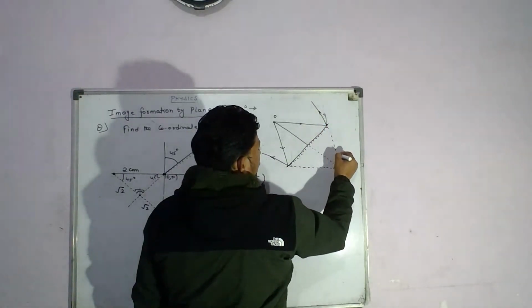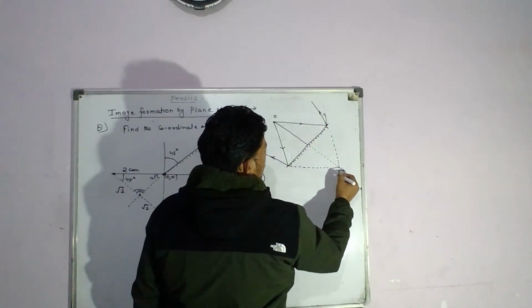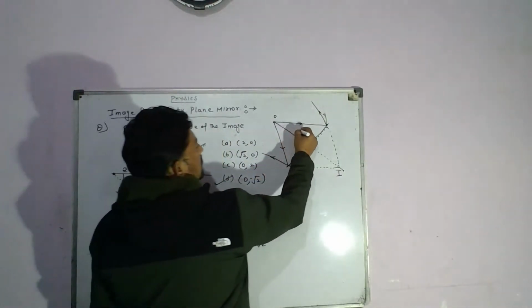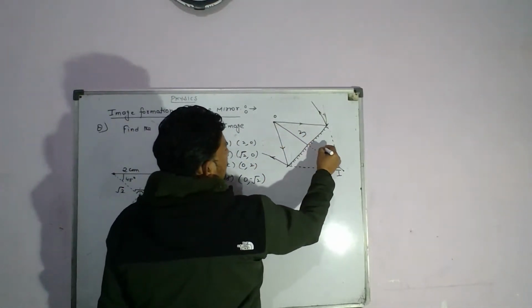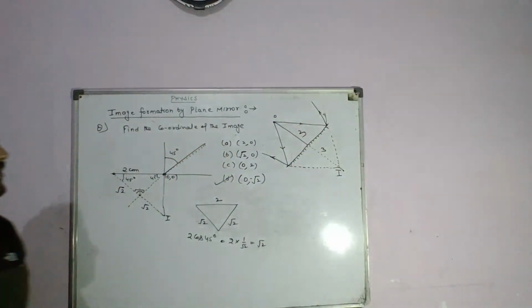Meaning if it is 2 centimeter or 3 centimeter, it is also 3 centimeter. So the image is virtual. The image is formed on the other side. You know, a real image is that image which is formed on the screen, and a virtual image is that image which does not form on the screen. You do not see the virtual image. So wait 1 minute.